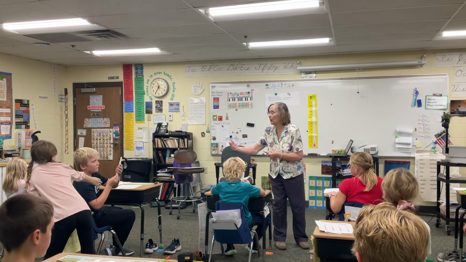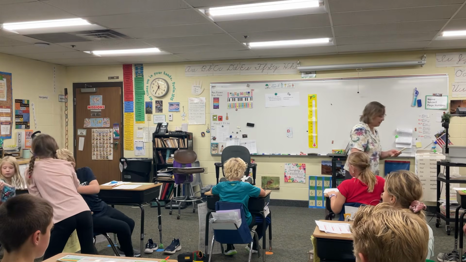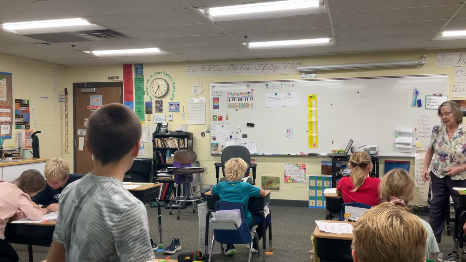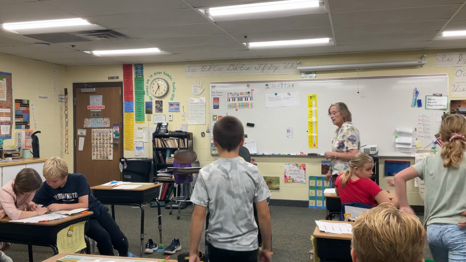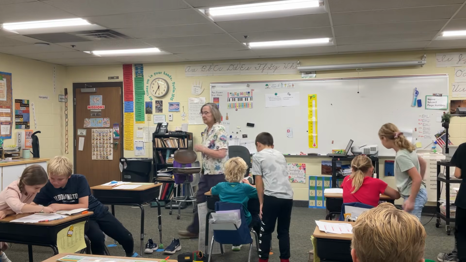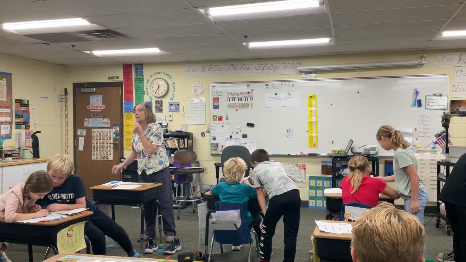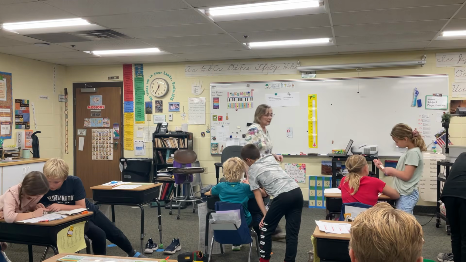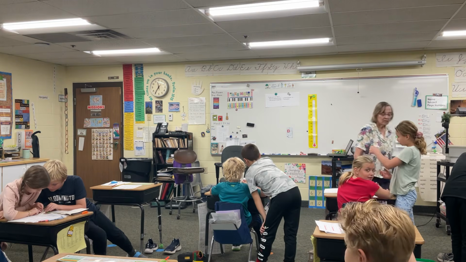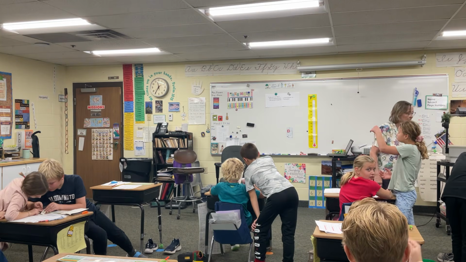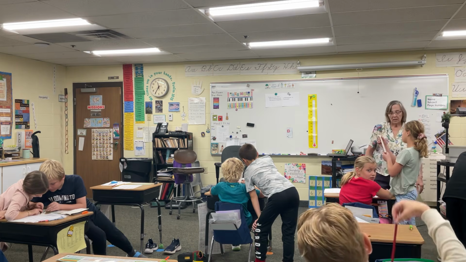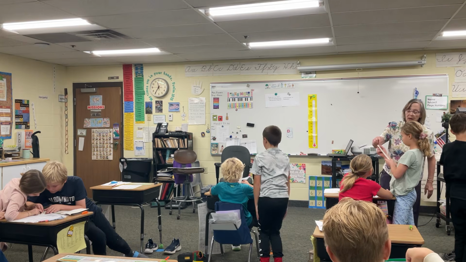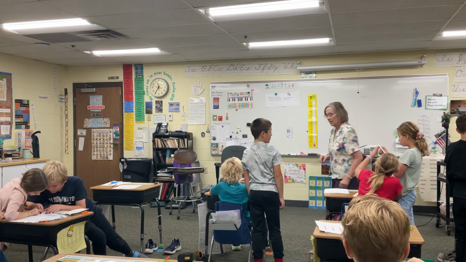So if your row just wants to look at them, you can. I don't have enough to do everybody. But if you want to come up here and look at that thermometer, you can just go up there and look at it. If you look at this one on the Fahrenheit, you can see.